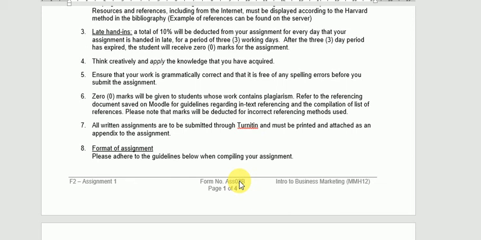Regardless of where you got the information to answer the question, make sure, because it's not your own work, that you reference it properly. You state whoever or whichever resource you got the information from. That's in the text itself.